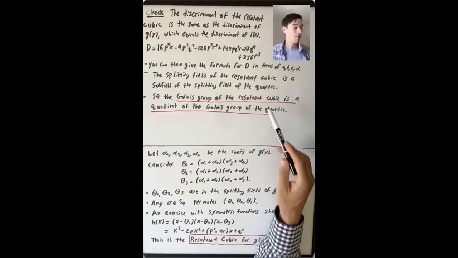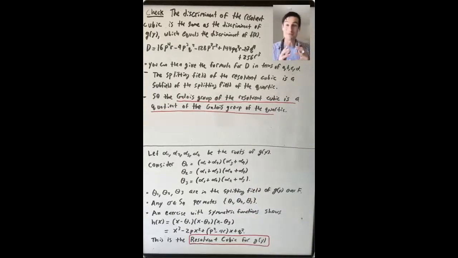Okay, so I'll pause and erase. And then I'll describe to you this recipe for when I give you an irreducible quartic polynomial, we've already understood the reducible case, and you tell me what is its Galois group.